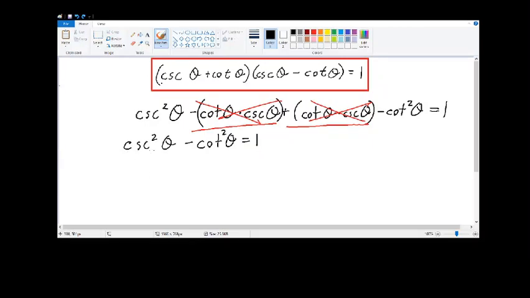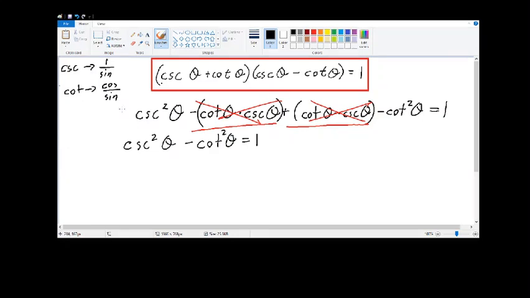On the left side, however, it's not that I have to, but we know that cosecant squared is not its original form, and cotangent is not in its original form either. That's because we should remember that cosecant is just the inverse of sine, and cotangent is just the inverse of tangent, which we could write as cosine over sine.